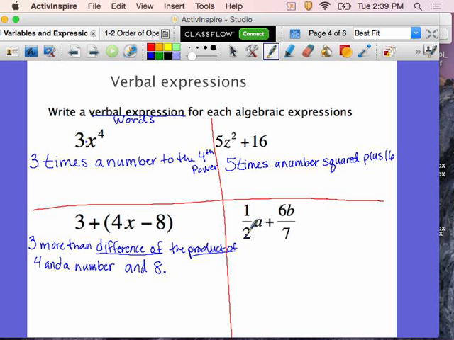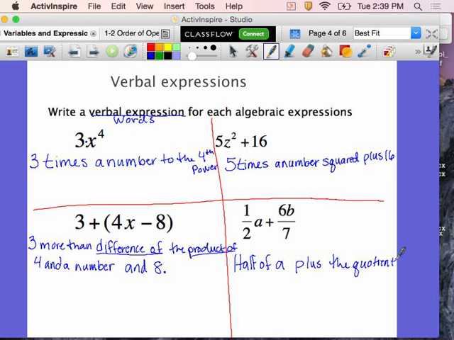You've got a fraction multiplication here, and this is a fraction, it's also a quotient. So don't forget your word quotient. So you could read this the quotient of 1 and 2, but we also have a nice name for that. That's half. So you can write half of A plus the quotient.